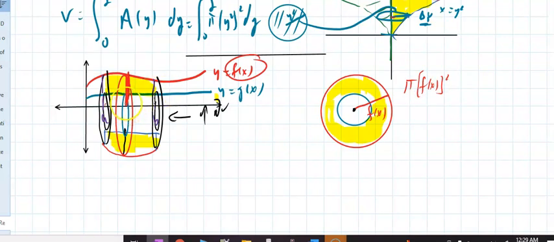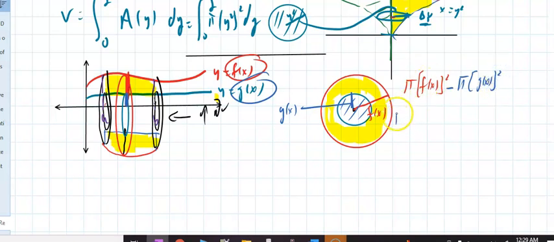Do we agree that this hollow part is this part, and that distance is y equal g of x? I would take away that area, and that will give me the desired area.